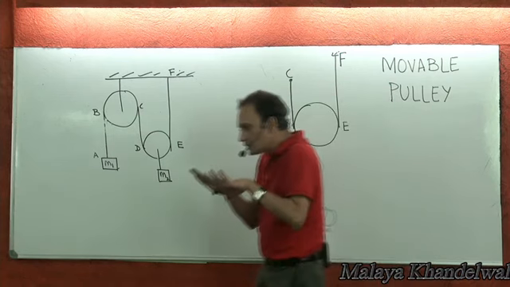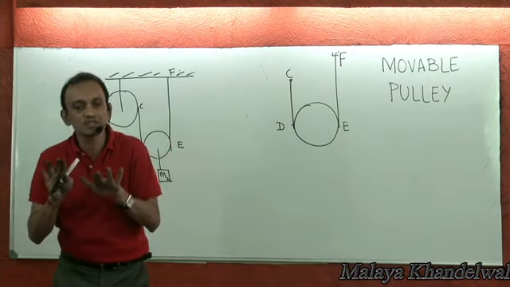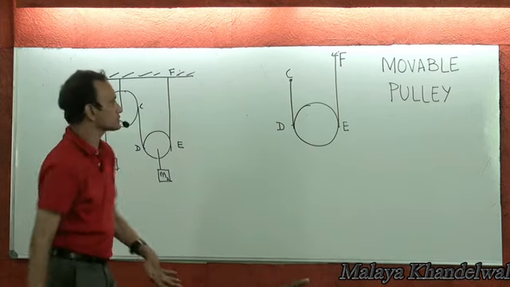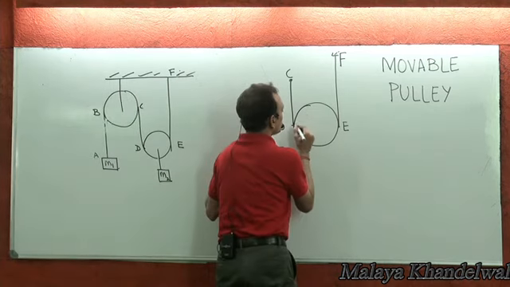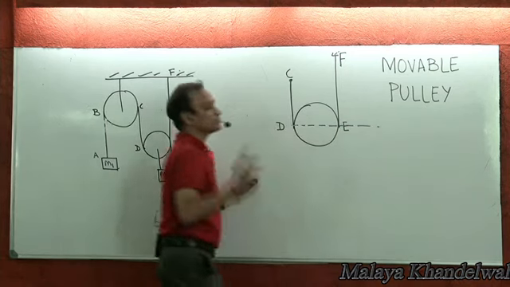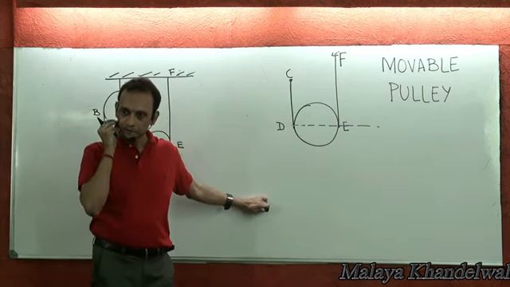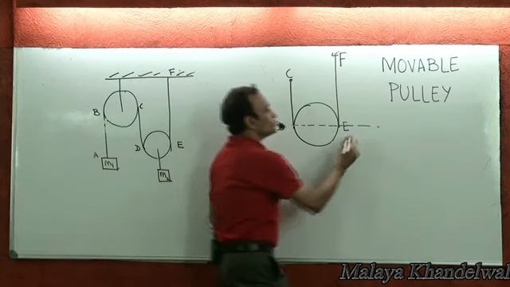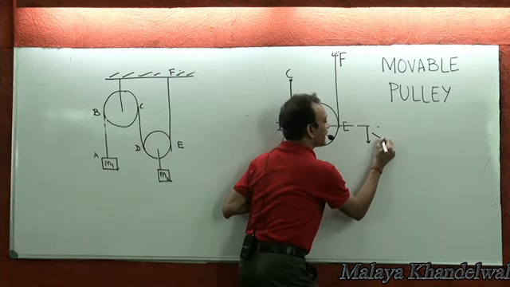Now this pulley, let's say, is descending downwards. This is the position DE. See, after a while, the pulley descends by an amount x.